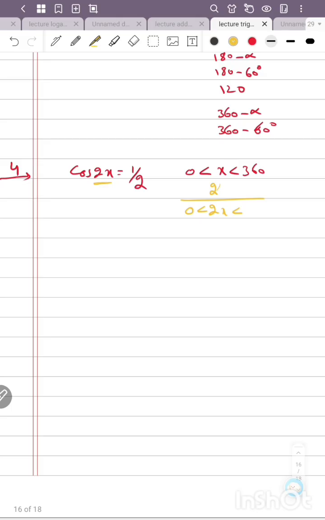And when we multiply 360, we get 720. This is our interval. How to deal with this one? We write alpha equals cos inverse of 1 by 2. Now alpha is 60 degrees. It's very simple.